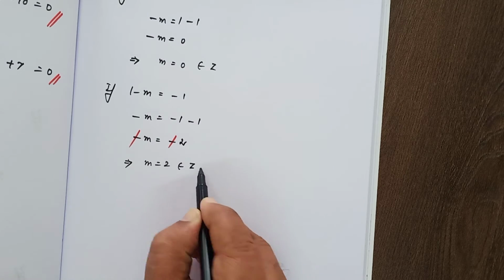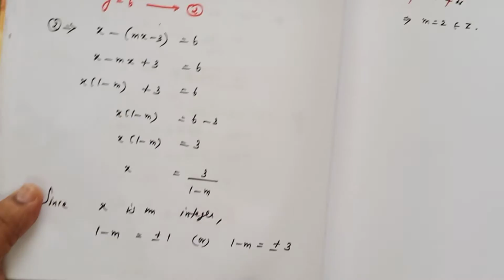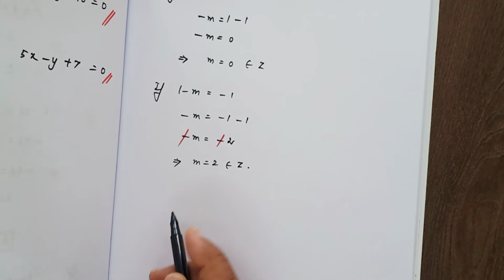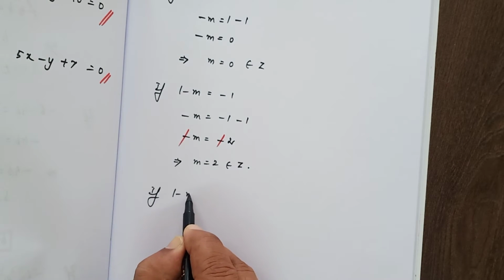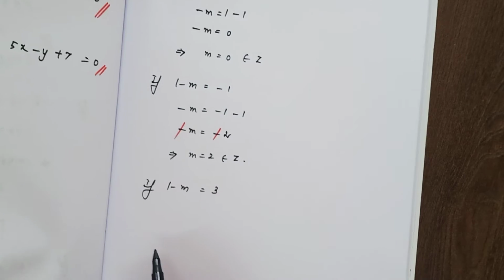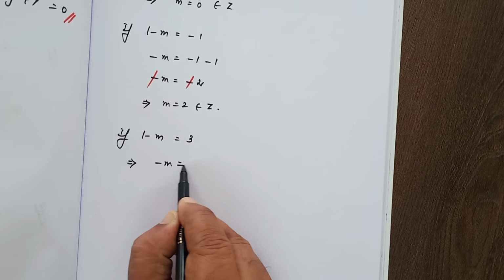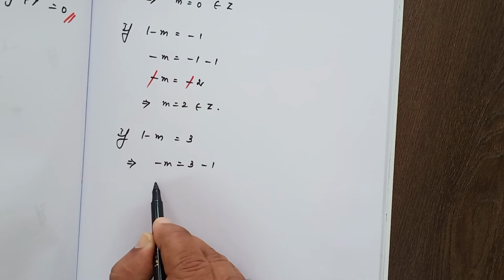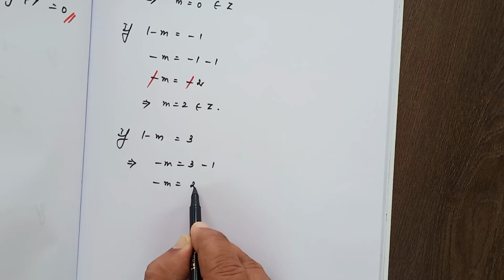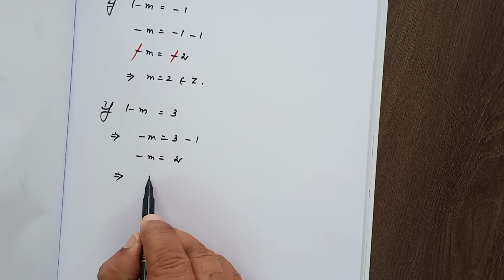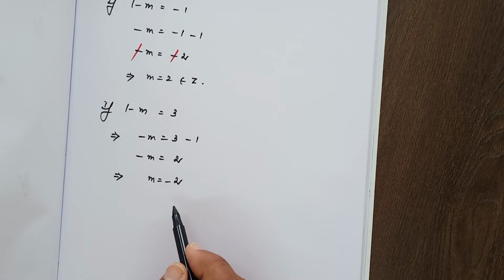It is an integer. Now I consider 1 - m = plus 3. Then -m = 3 - 1, so -m = 2. Multiplying by minus on both sides, m = -2. It belongs to an integer.